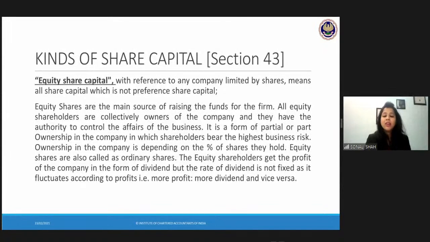Differential voting rights usually come with a higher dividend and lesser voting rights. So through this, the funding is also raised, but the control over the company still remains with the promoters of the company, or people who are interested in the functioning of the company. So it is a very good way of raising money without diluting the control over the company. Is that clear?